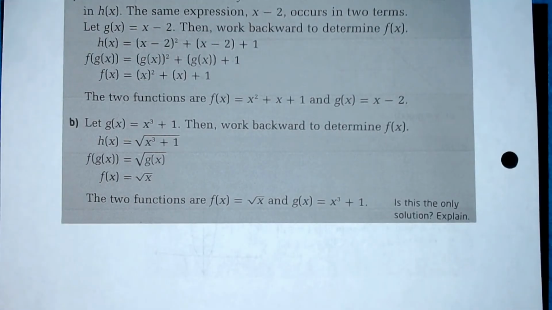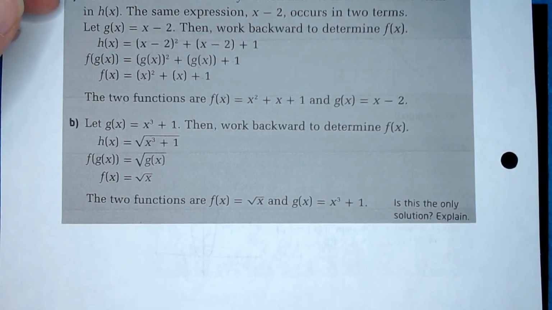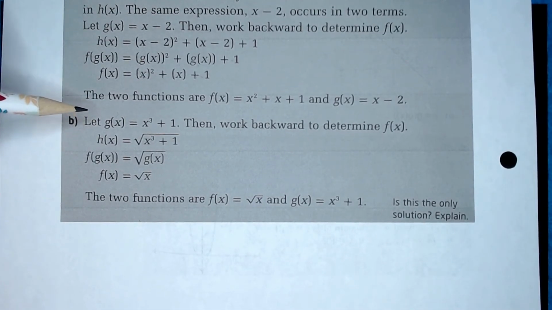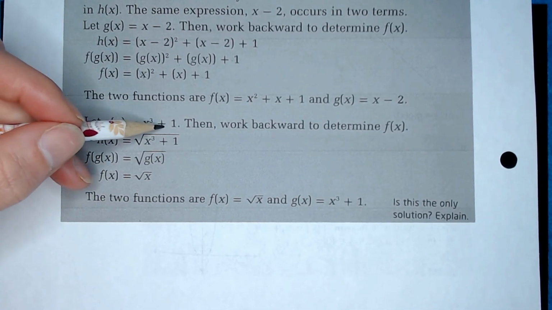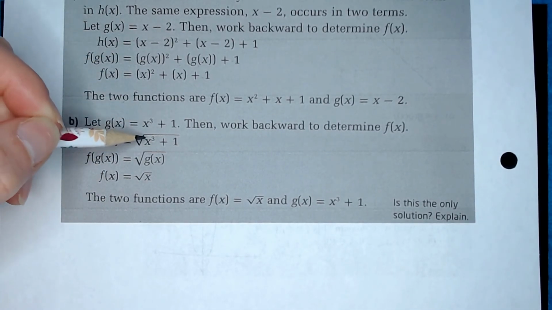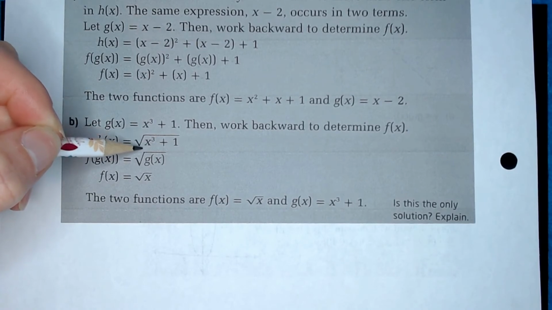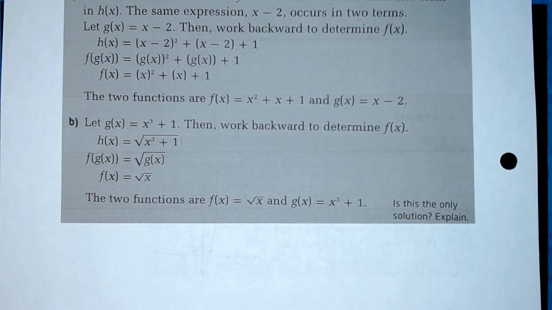The same thing in the second example, we're looking for the root functions of h of x. We're looking for g of x and f of x. So g of x is equal to x cubed plus 1. So we'll say what's under the radicand will equal g of x. And then we're just going to work backward to solve for f of x.